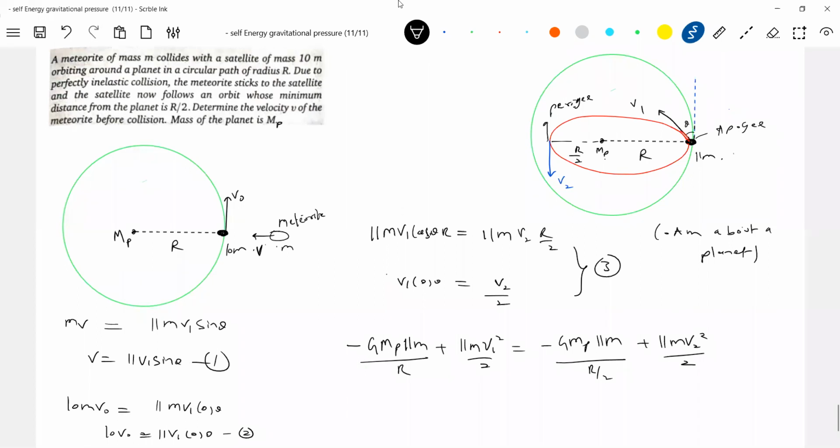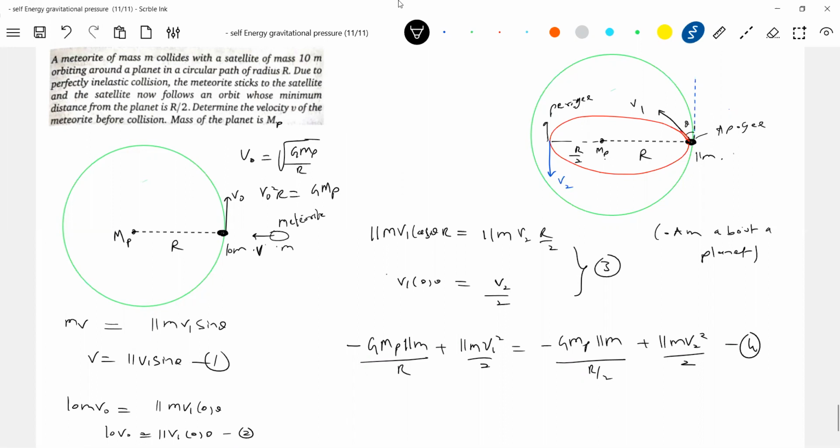In terms of that, we'll bring the answer. What is the orbital speed? Wherever GMp is there, you can write v0 square r. Solving all this, we'll get the required answer.